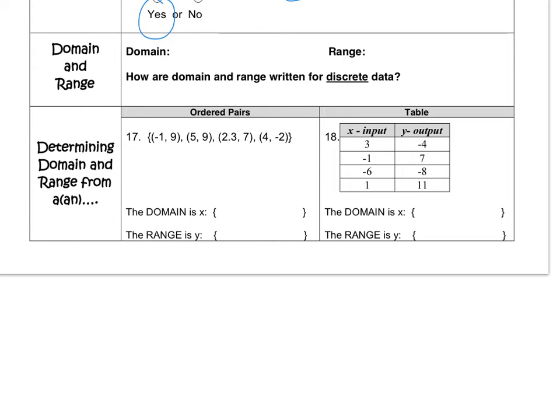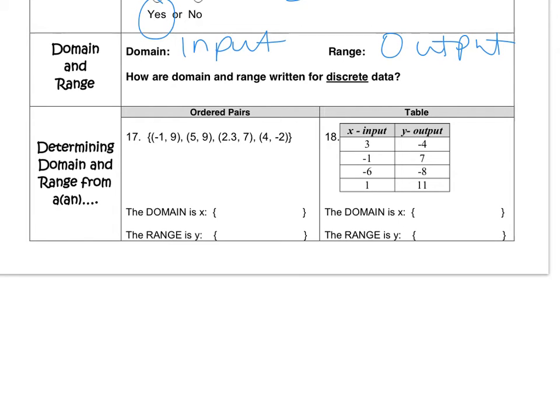So the way we write domain and range for discrete data is we just list it out. Since discrete data is separate points, our domain and our range will be listed out as separate points. So let's just start with the words domain and range. Domain is going to represent our input. Range is our output.